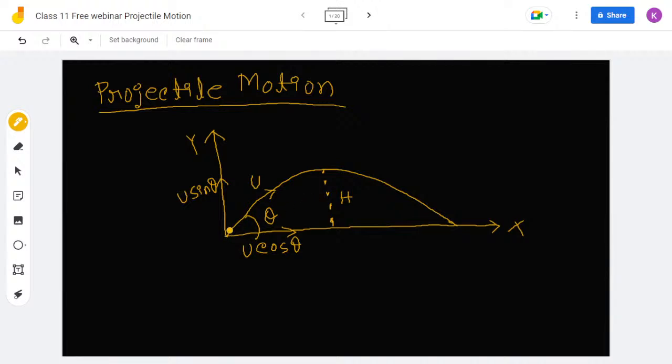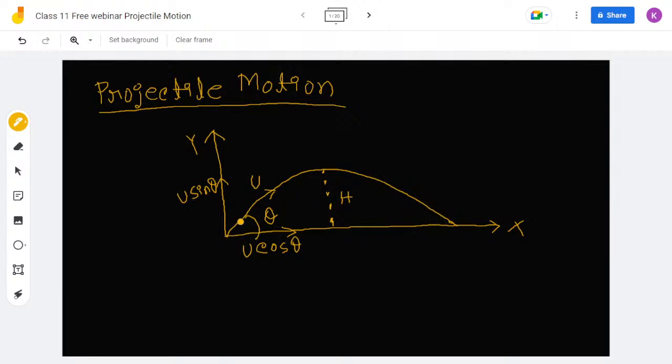Now whenever we throw a projectile, the horizontal component remains constant throughout the projectile motion. However, the vertical component decreases and reaches 0 at the maximum height. Then it increases in the negative direction.